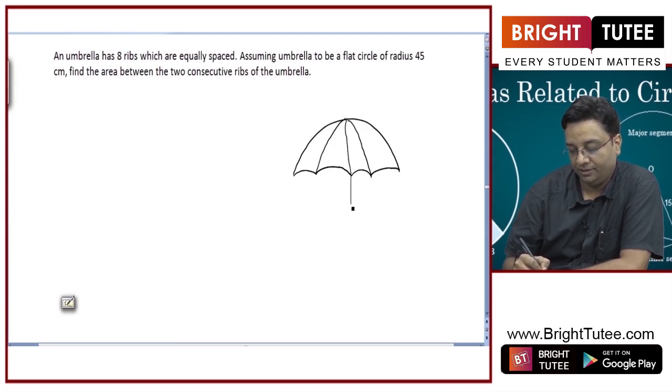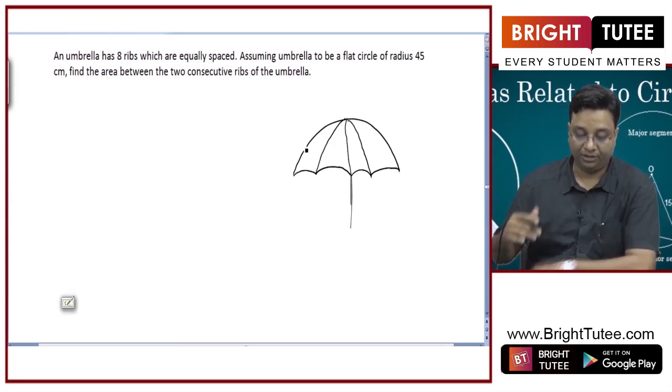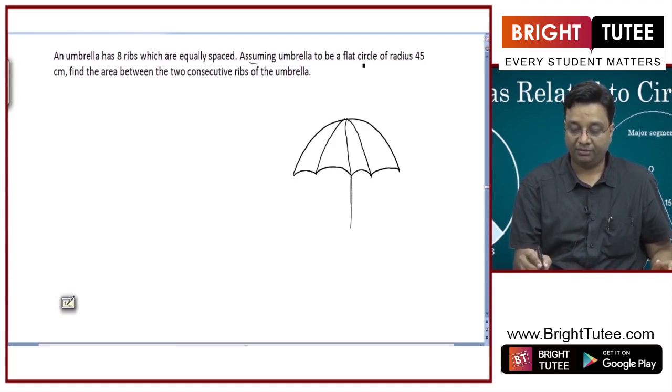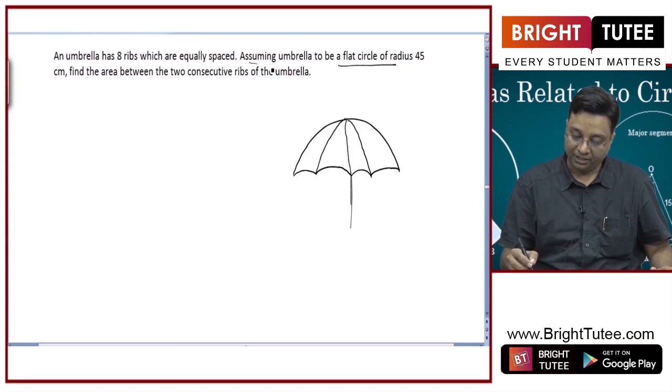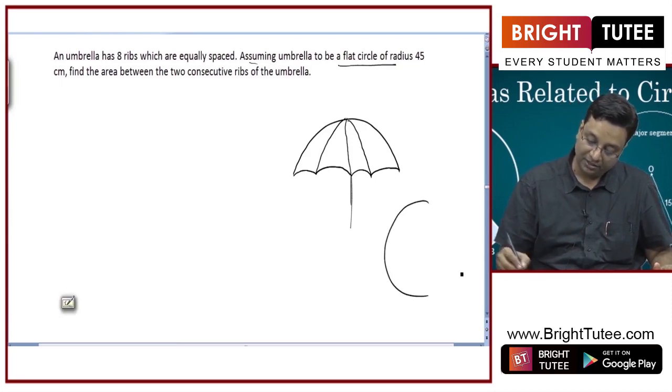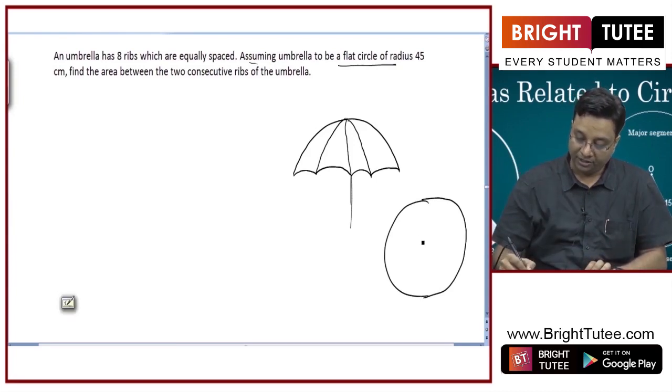So here is an umbrella and there are 8 ribs. What I mean by 8 ribs is, if I assume it to be a flat circle, if I make it a flat umbrella, it will give me 8 sectors.